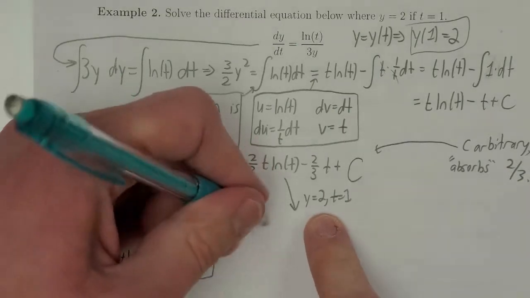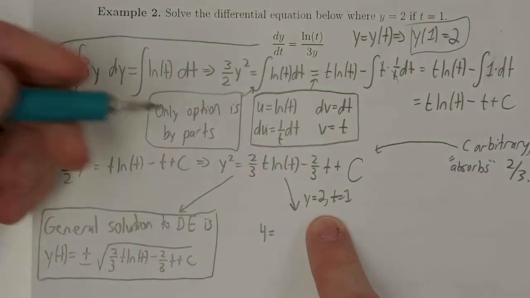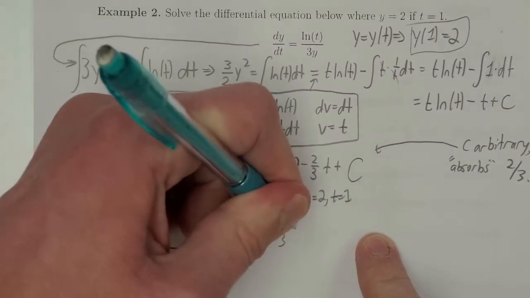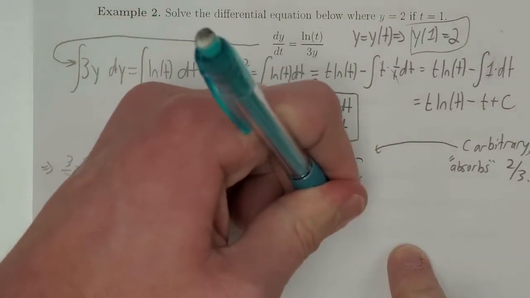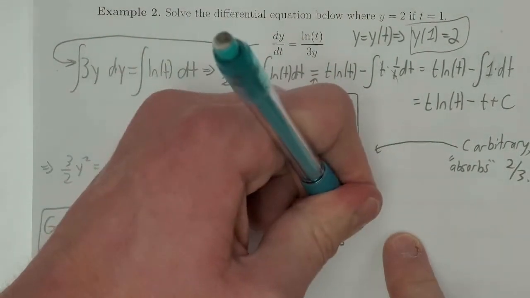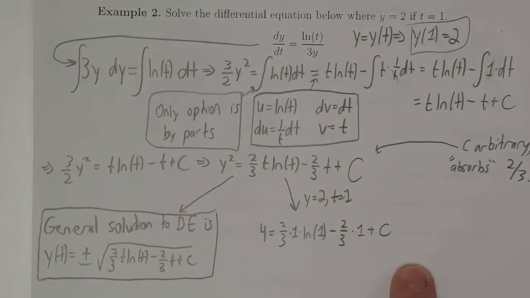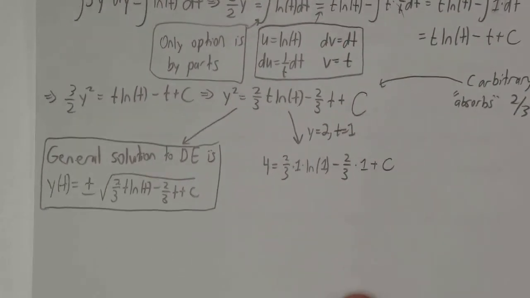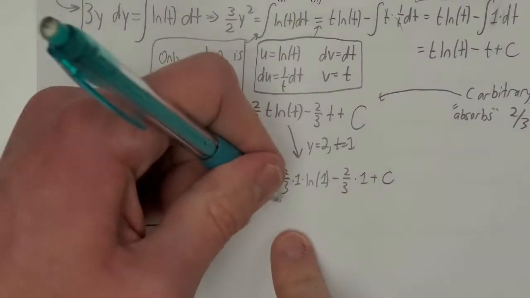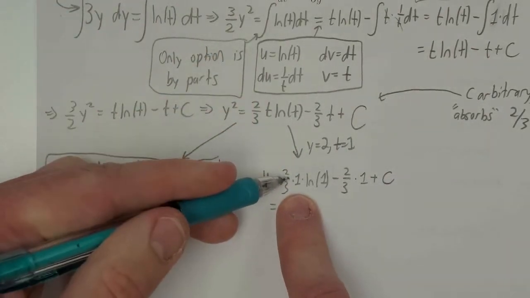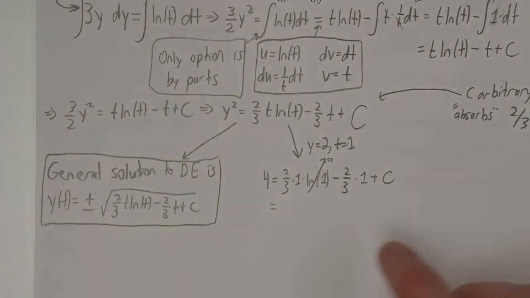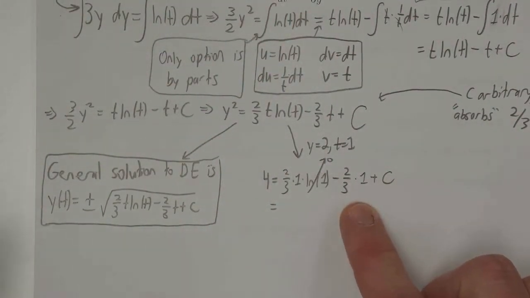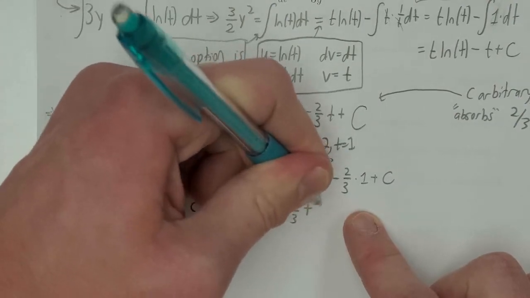So y equals 2 gets you 4, because 2 squared is 4, and that equals 2/3 times 1 times natural log of 1, and then minus 2/3 times 1, plus C. Let's simplify. We have 2/3 times 1 times natural log of 1, which is 0, so this term goes away. Then minus 2/3 times 1, so ultimately you have negative 2/3 plus C equal to 4.